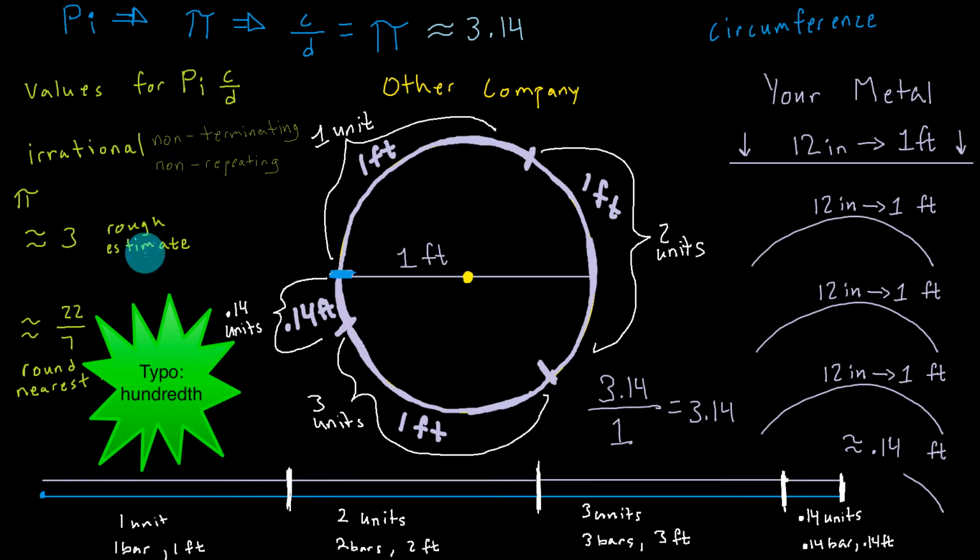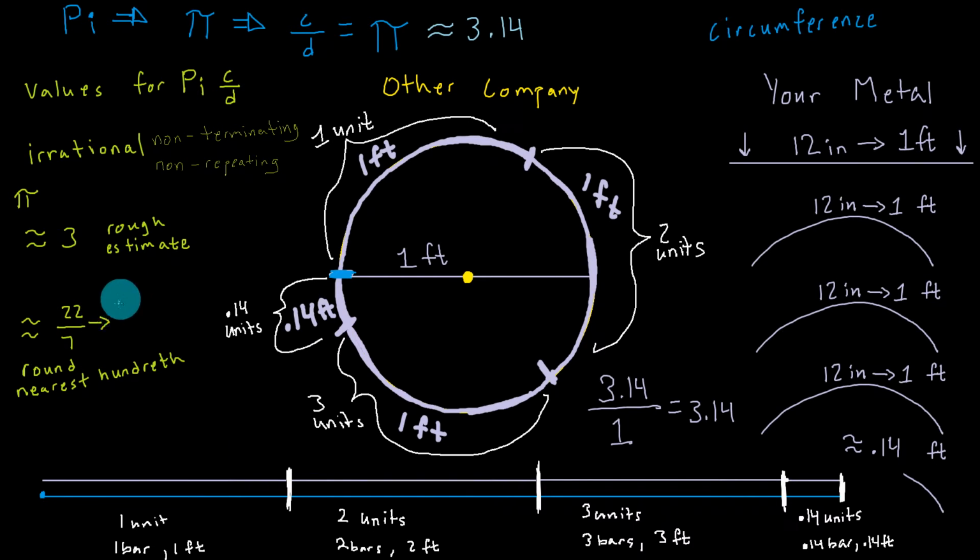Now if you were to calculate this out, the value you would get for 22 over 7 would be 3.142. And you would use this last digit to round to the nearest hundredth, which the hundredth position is where the 4 is. Since 2 is a smaller value than 5, then we're just going to round down or keep 4 the same. So we could say that 22 over 7 is roughly 3.14.